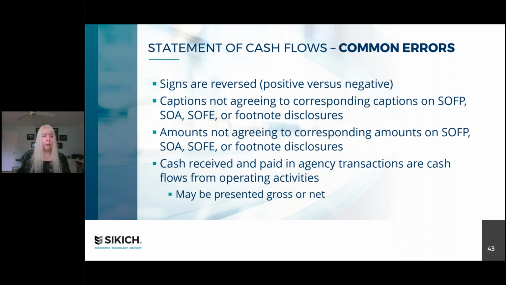For instance, your adjustment for bad debt expense on the statement of cash flows doesn't match your bad debt expense line item on the statement of functional expenses. Cash received and paid in agency transactions are cash flows from operating activities. So those could be presented gross or net, but they still belong in operating activities.